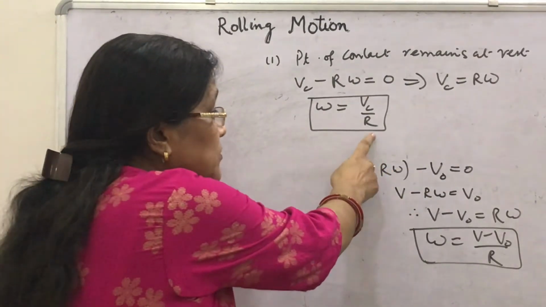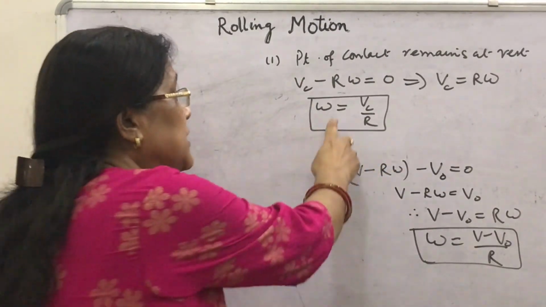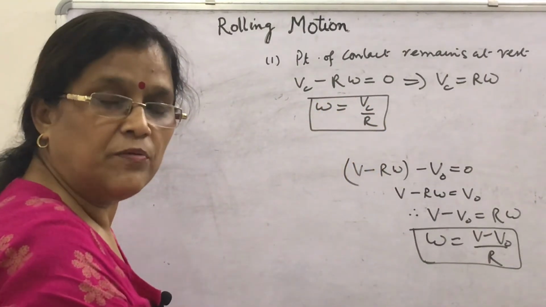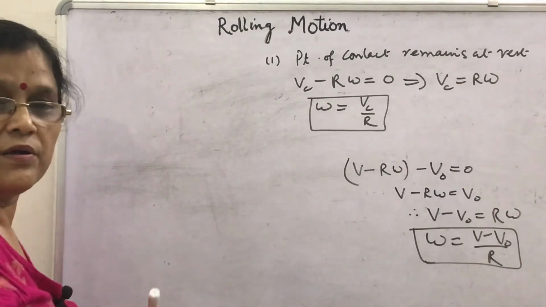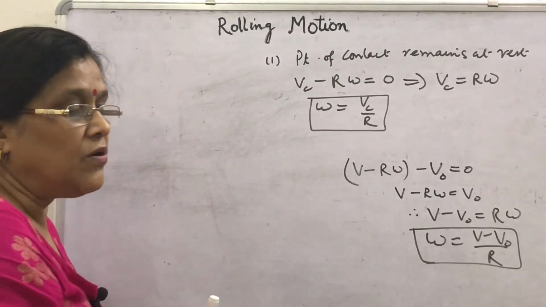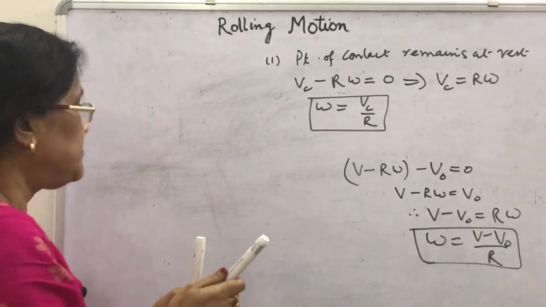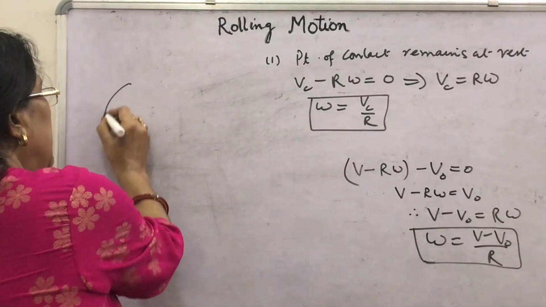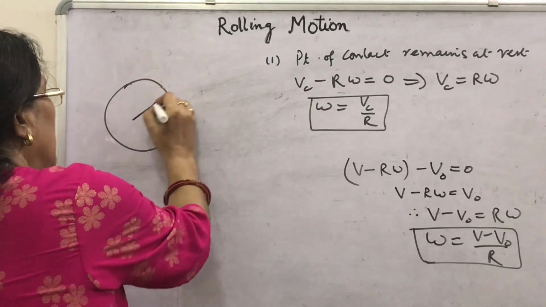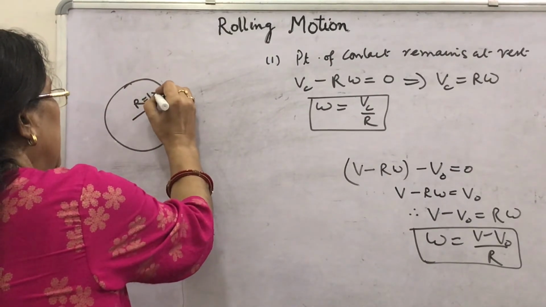Whenever it is given omega is v by r, then it is the case of pure rolling. This is the condition of pure rolling. So I am reading the question. When a wheel of radius 1 meter, suppose this is the wheel of radius 1 meter, okay, this is r equal to 1 meter.